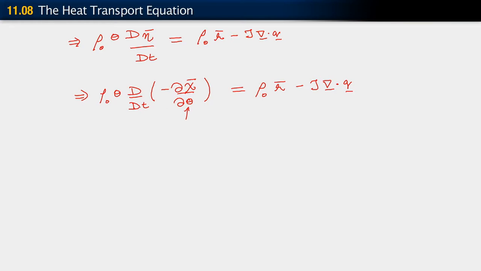In order to compute the time derivative, we must have rho naught theta, and we are going to apply the chain rule once again in order to compute this material time derivative.